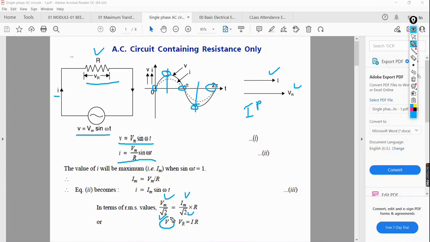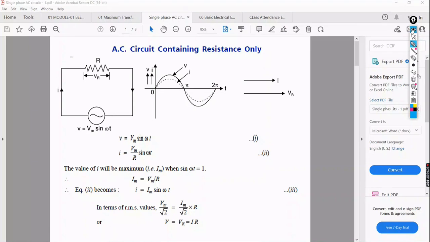V is equal to I into R. This is the voltage drop which occurs across the resistance R, that is VR. This is the operation which takes place with respect to pure resistance.